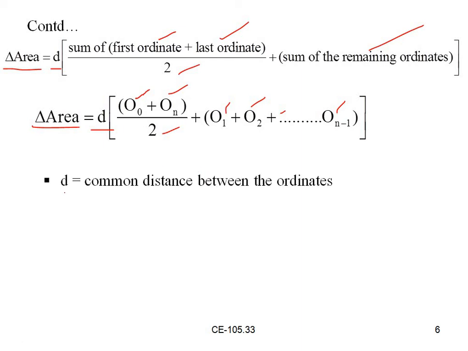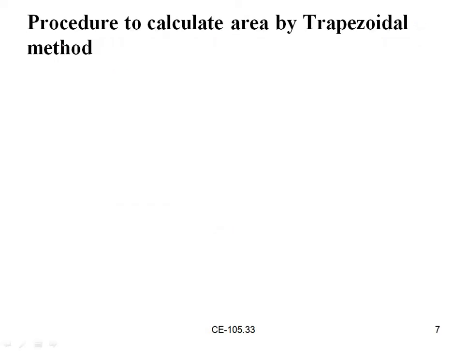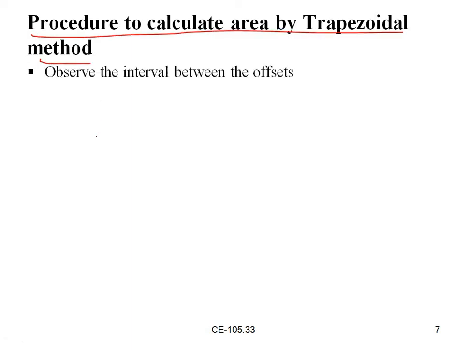Small d is equal to the common distance between the ordinates. This will be the common distance, not any other distance. Here O0, O1, O2, O3, etc. are the ordinates. So let us see the procedure to calculate area by the trapezoidal method.